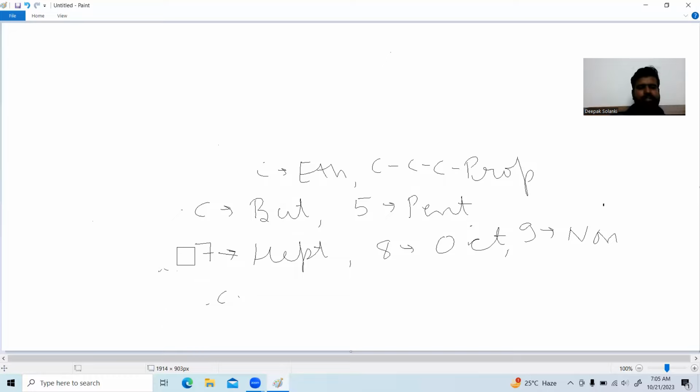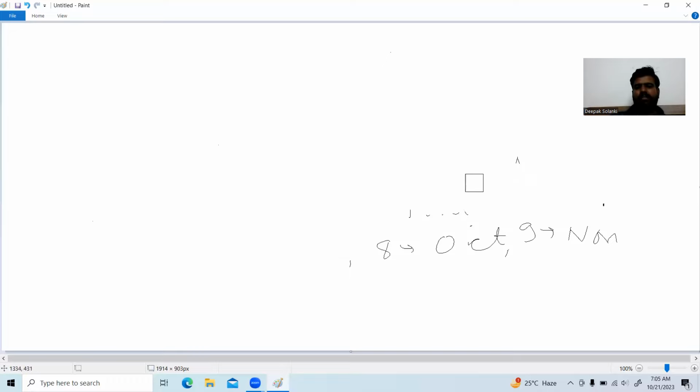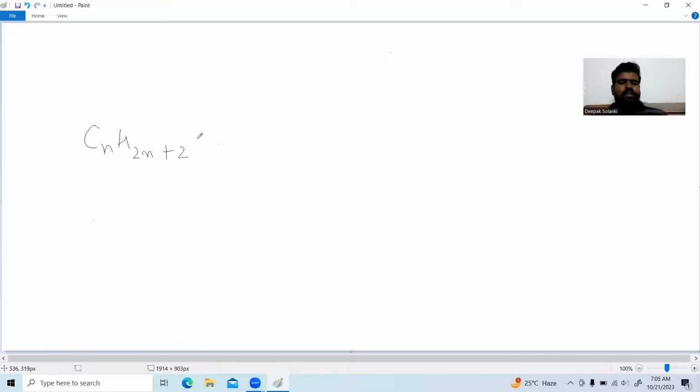Clear, students? Now, let me take another example of hydrocarbons, the second one, that is alkene. Alkane, alkene, and alkyne are the 3 hydrocarbons we have to study in the basics. What will be the general formula of alkane? The general formula of alkane will be CnH2n+2.